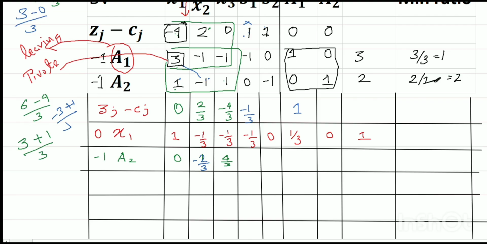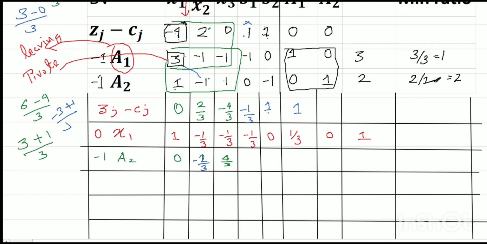And this value, 3 into 1, and 0 into 4 is 0, so it is 3 by 3, this value is 1. 0 into minus 4 and 3 into 1. 0 into minus 4 means 0, and 3 into 1, 3 divided by 3, so this value is 1.